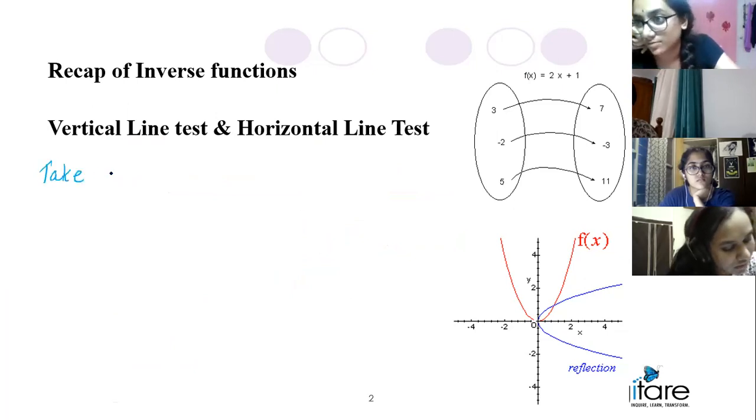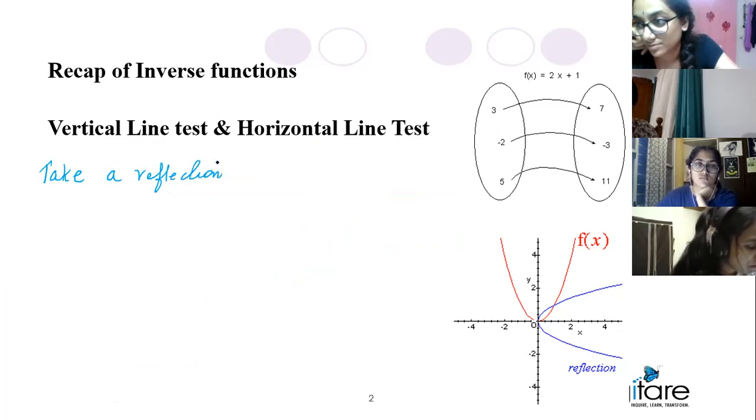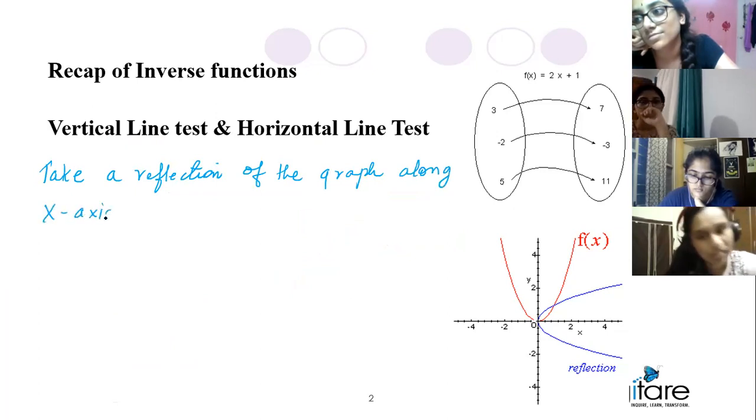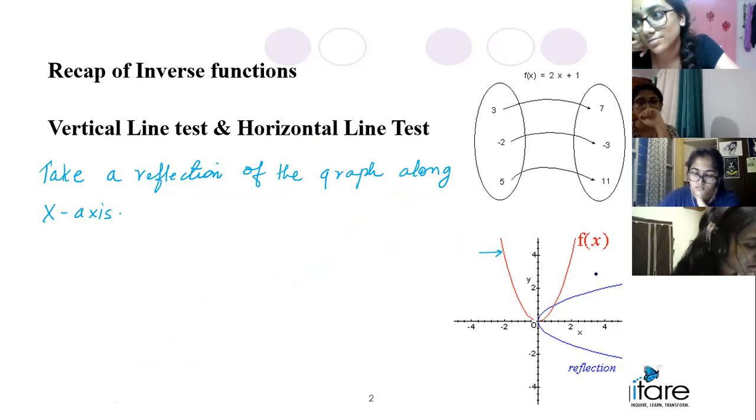Take a reflection of the graph along x-axis. Same graph along x-axis, take its reflection. So here you see the red line is the original graph. You are just reflecting this around x-axis. Okay, the blue line is the reflection of red around the x-axis.